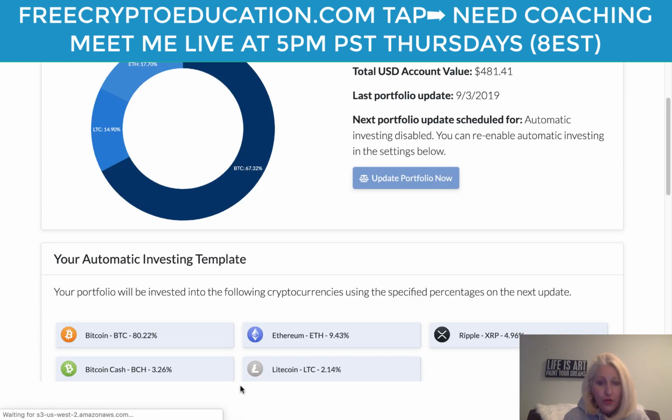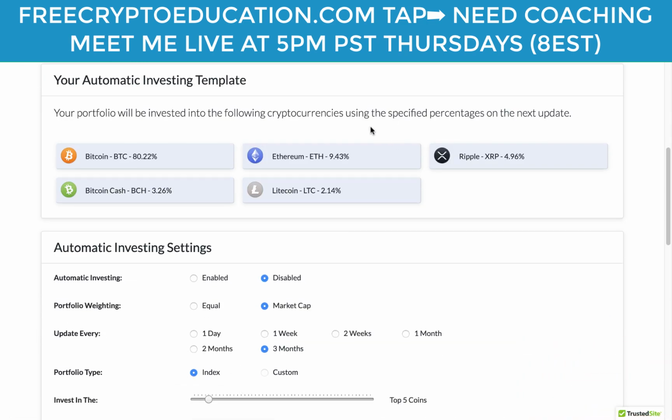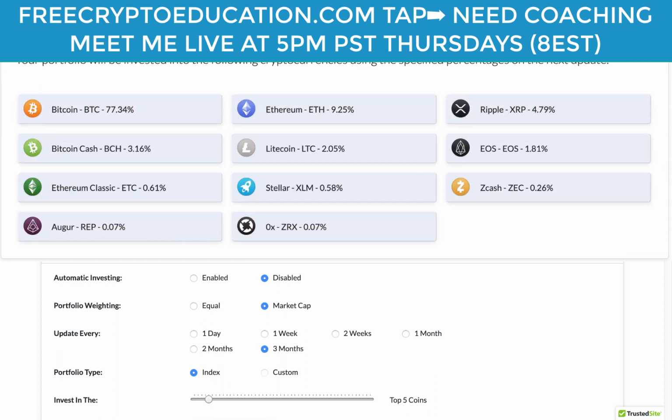So if Bitcoin ended up having, during the market cap scenario, maybe 90% of the funds allocated because it grew in value, it would sell off the upper percentage and distribute the funds according to the new calculations, so that each fund would maintain the market cap dominance percentages. So it's a great concept. It's great for those people that just want to set it and forget it and somewhat do it yourself.